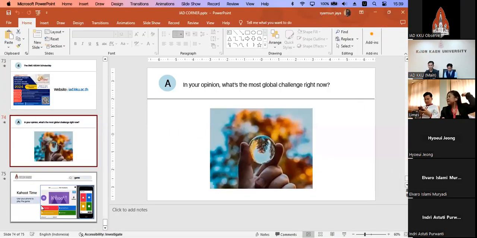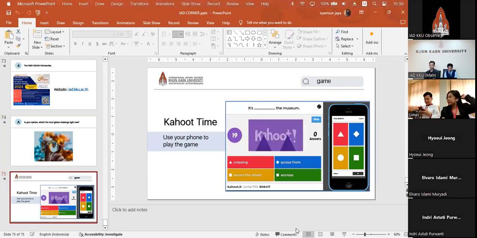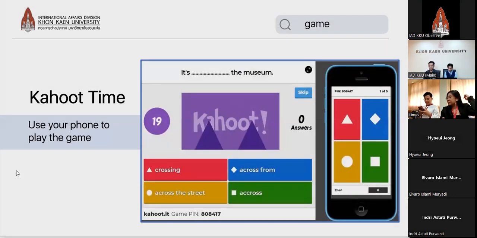Okay, so here we are going to play Kahoot. You need to use two devices at least. If you have two phones, or you are using your laptop right now, you can use your phone to answer the question.